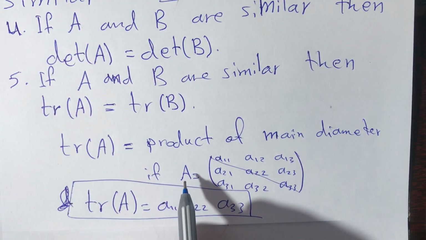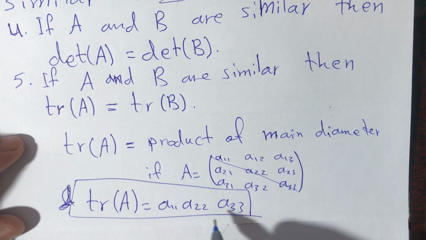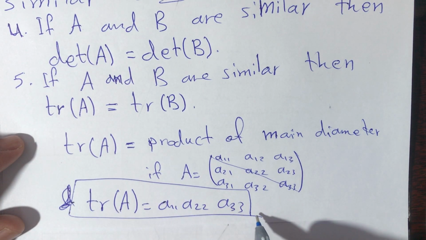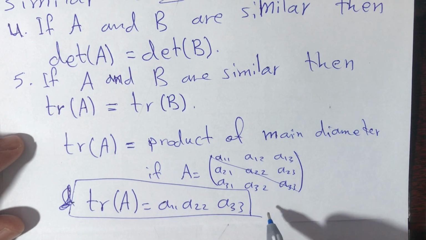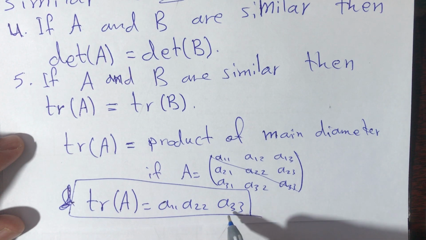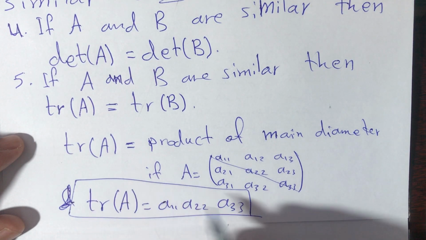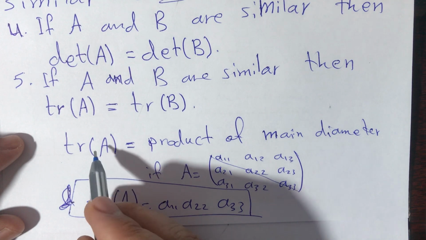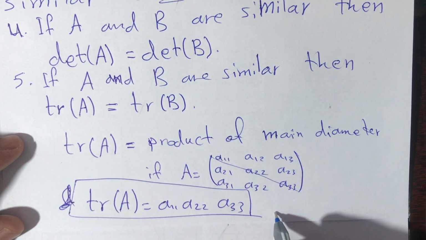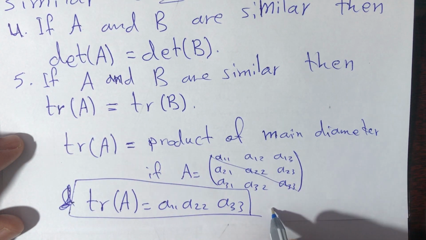If the matrices are similar, then the trace is equal for both of them. This is page number 2.